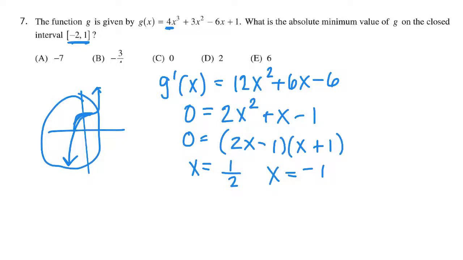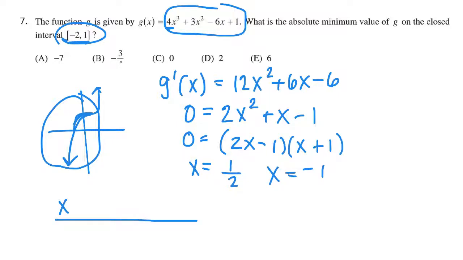We are looking for the smallest value for this function over this interval. And when we start looking at those values, we have g and we have g at x. Well, what are the candidates or x values that I can plug in and see what the smallest values are? Well, always your endpoints. -2 is an endpoint, 1 is an endpoint, and then any critical point you might have.